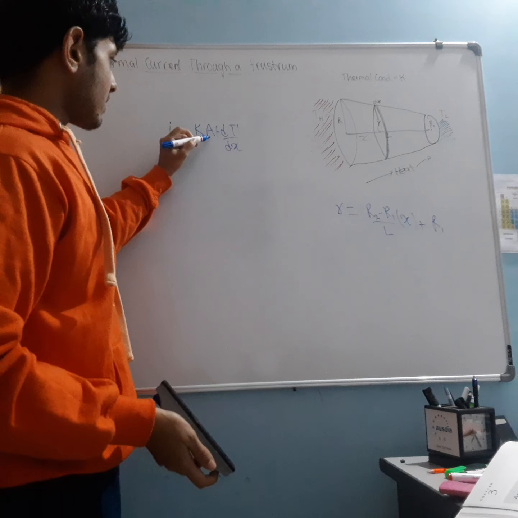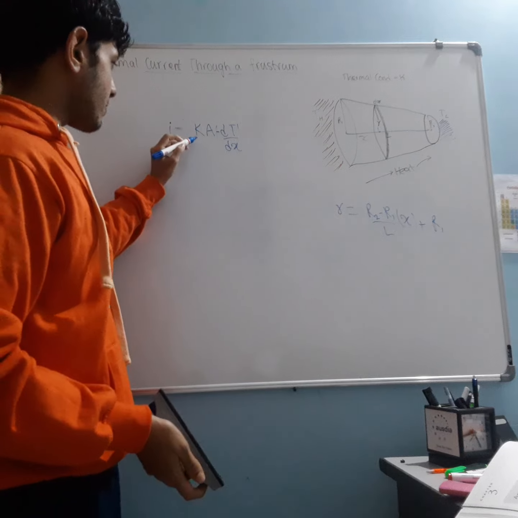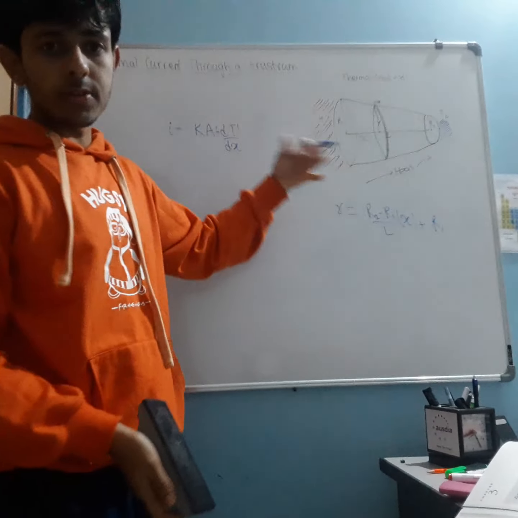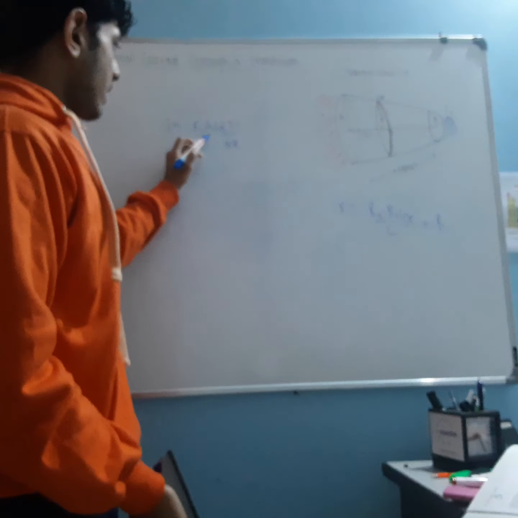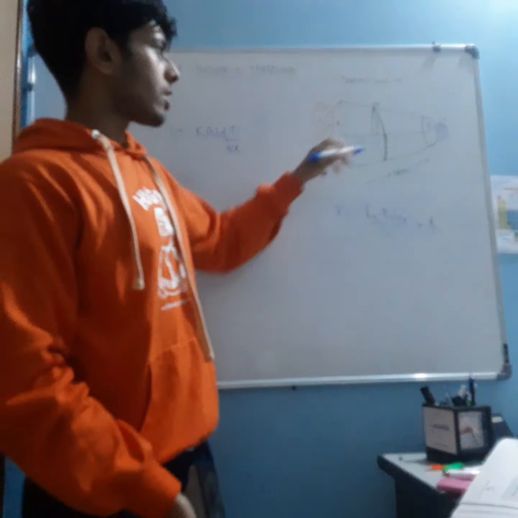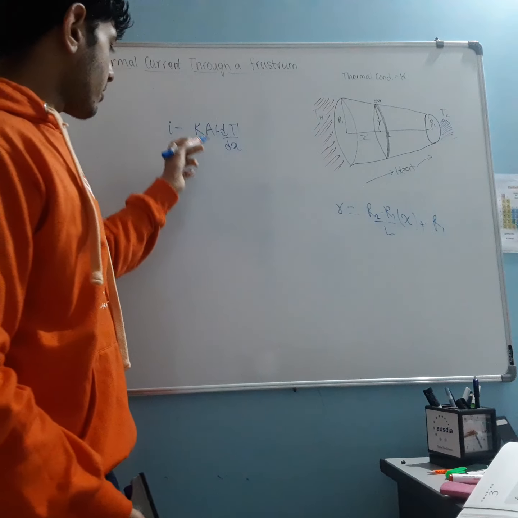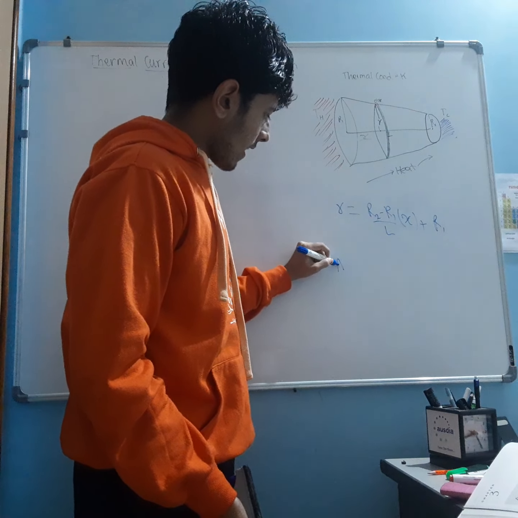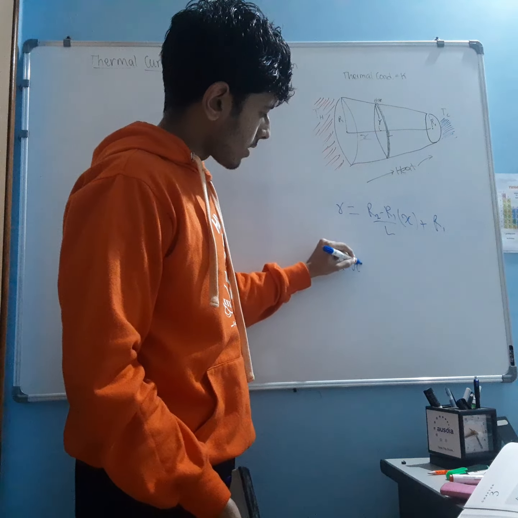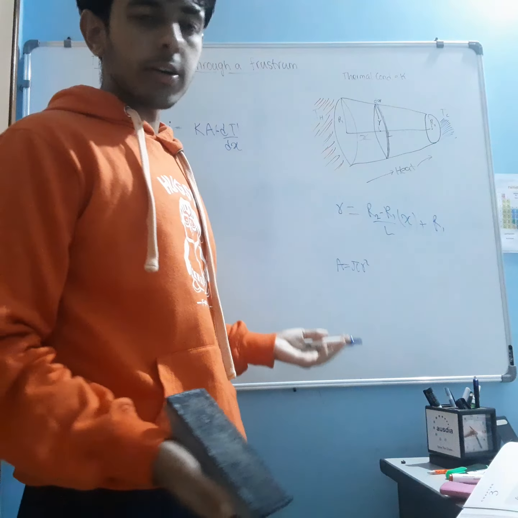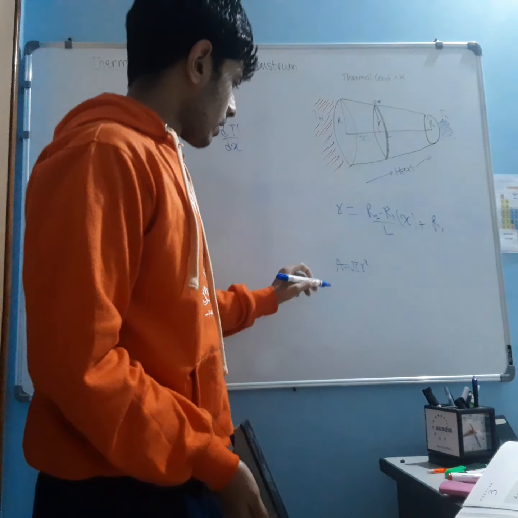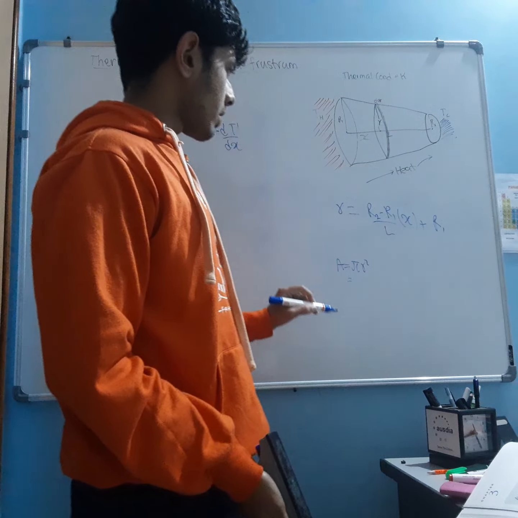In this expression, K is the thermal conductivity of the material itself, and A is the cross-sectional area. A is basically pi r squared because it's the area of a circle.